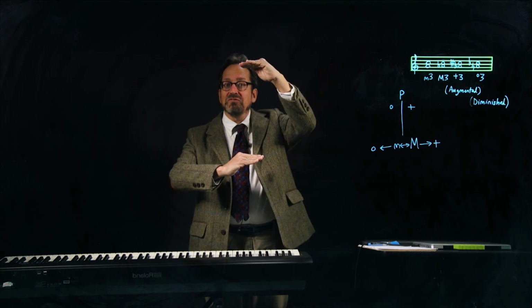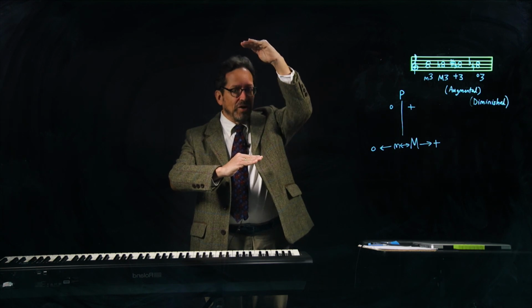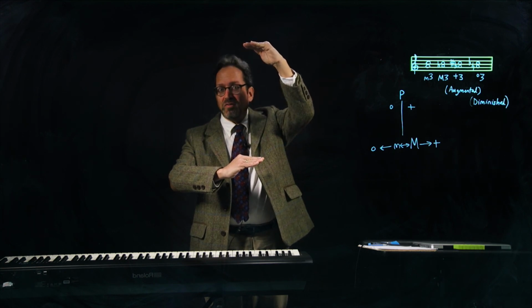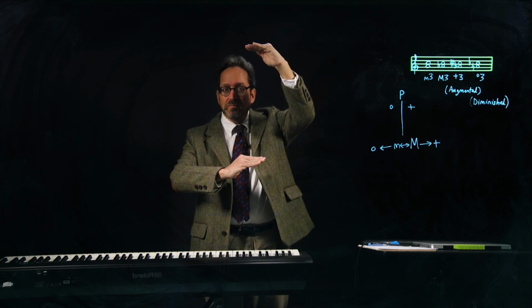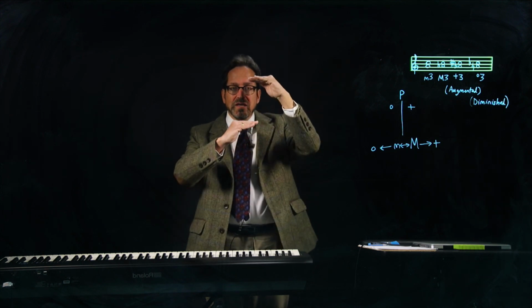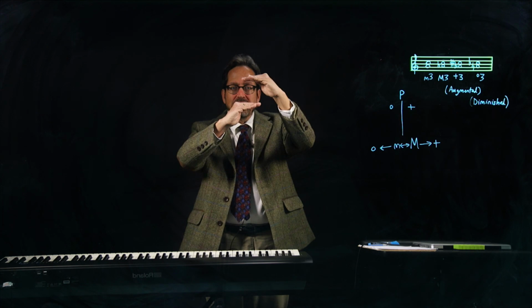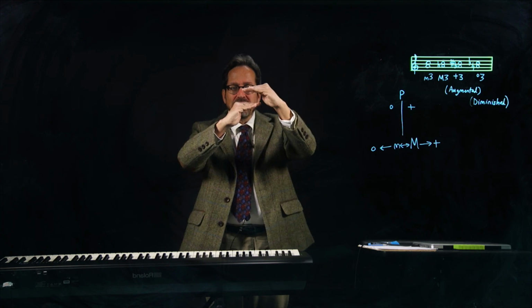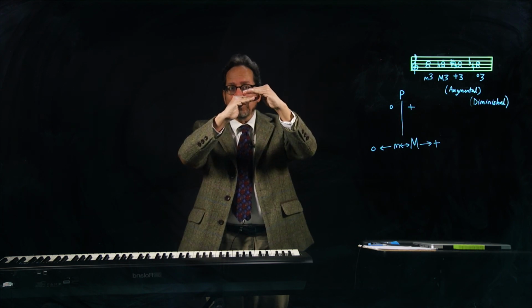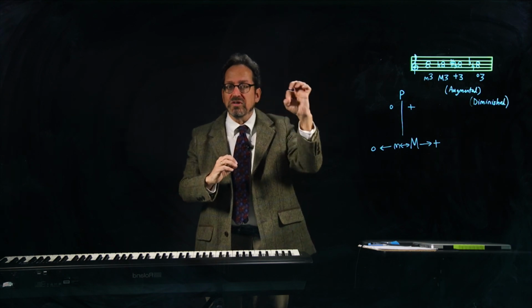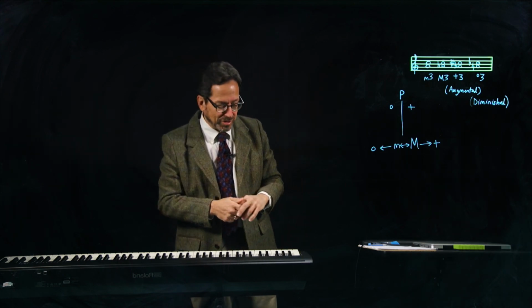If we go one step further, a doubly augmented third, which means we would write that augmented symbol twice. Or we could take a major third, a minor third, a diminished third, a doubly diminished third. Two degree symbols to indicate that it is doubly diminished.